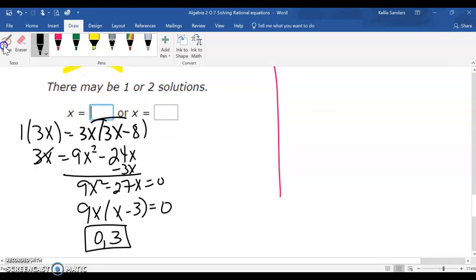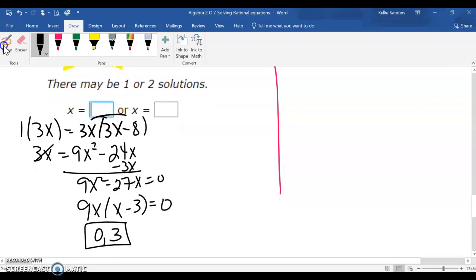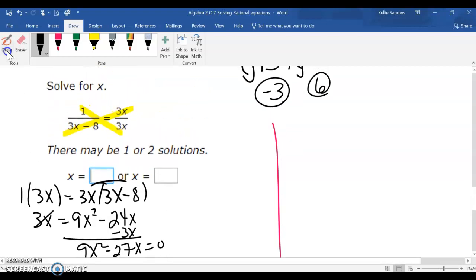But now that I've done that, what I'm about to say may confuse you. So this is what's going on. Yes, we did get 0 and 3 as our answer. We haven't had to do this yet, but you do need to get into the habit of it. Remember, you cannot end up with a 0 on the bottom of a fraction.